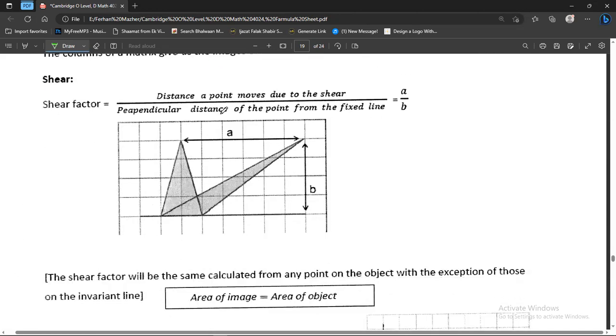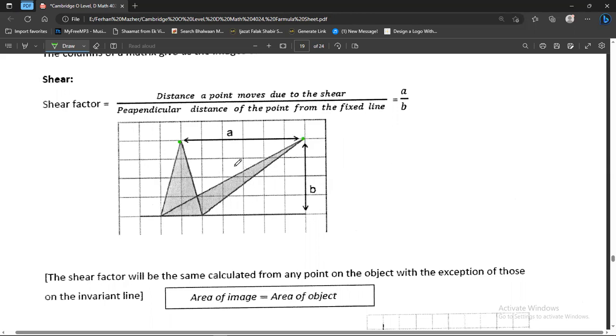Shear has been removed from the O-levels course, but let me tell you: the shear factor is the distance a point moves due to the shear divided by the perpendicular distance of the point from the fixed line. For example, this is the invariant line, this is the perpendicular distance, and this much the point has moved.